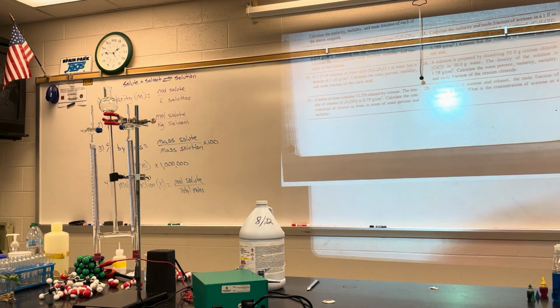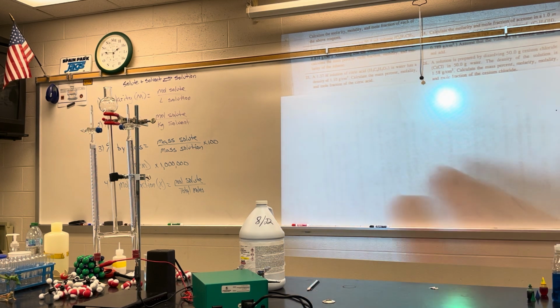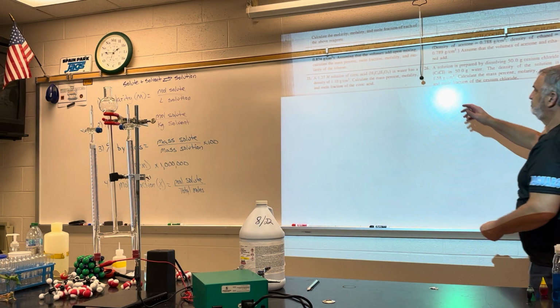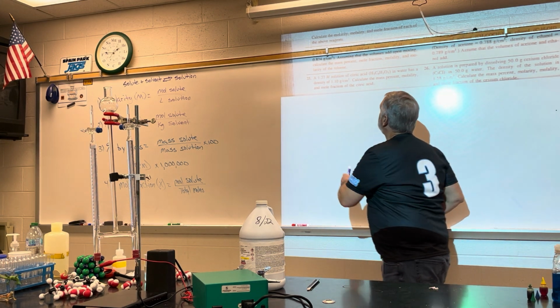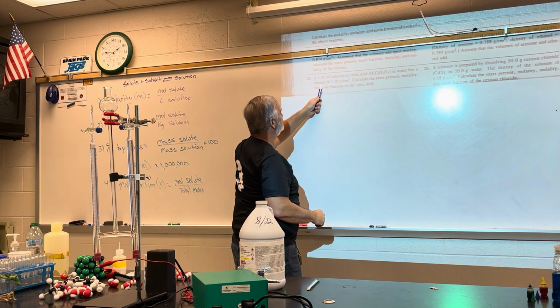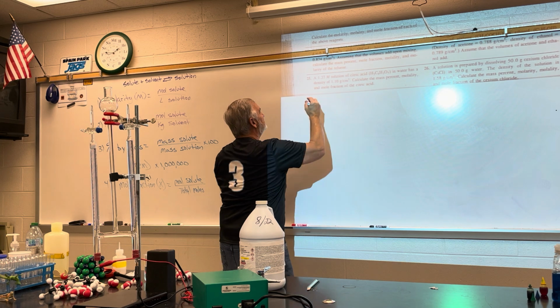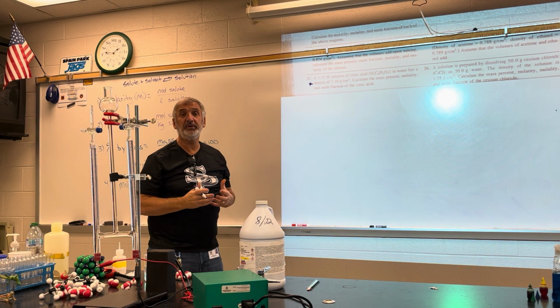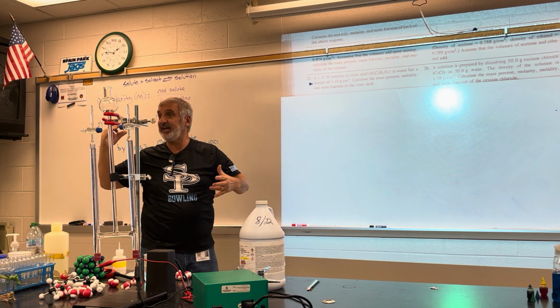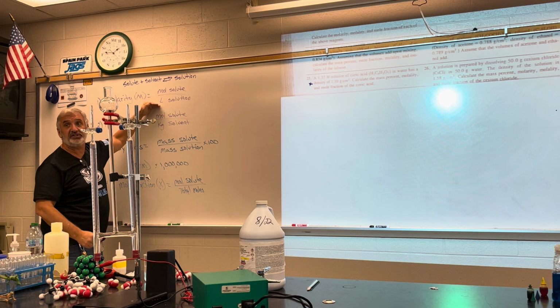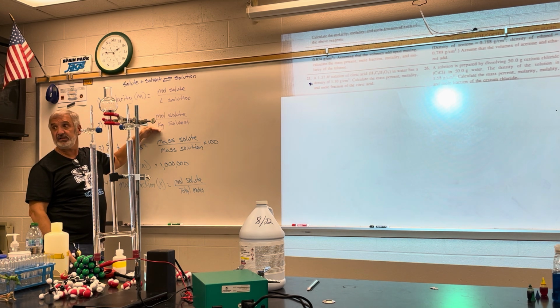I need a blank piece of paper. 25. A 1.37 molar solution of citric acid in water has a density of 1.1. This is the key. This is the one thing that you have to know in order to be able to go between. You have to have that additional information to be able to go between these, because that's how we're going to get from liters to grams, is with density.